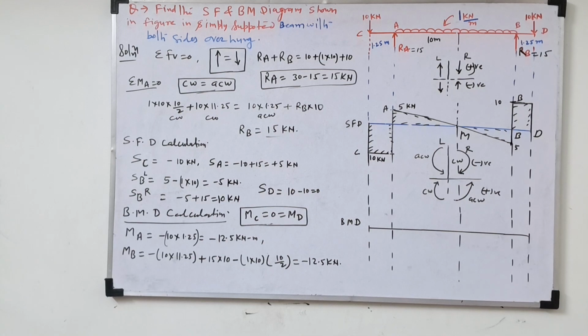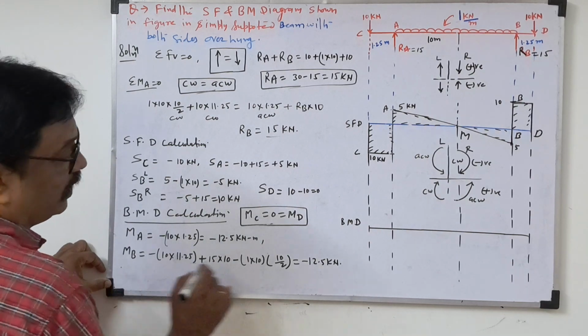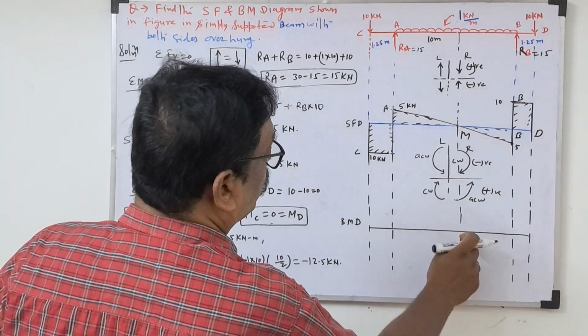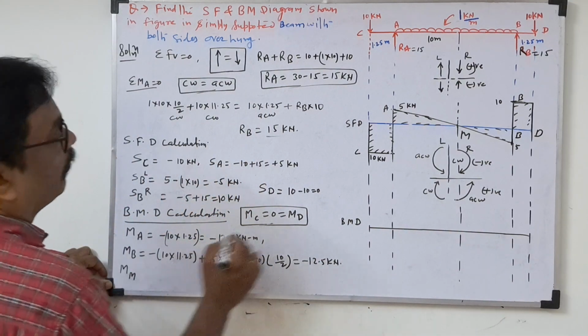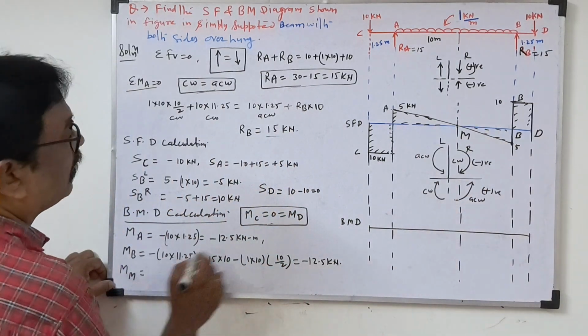Now we'll calculate the bending moment at M. You see what is coming. Bending moment at M we will calculate now. This point I have taken as M. So what is the bending moment there?